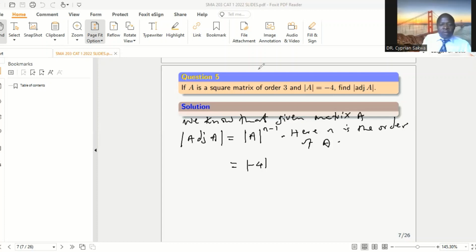You write out the determinant, negative 4, and raise that to the order, which is 3, minus 1, and that would be 2. And so the adjoint will have a determinant of 16.